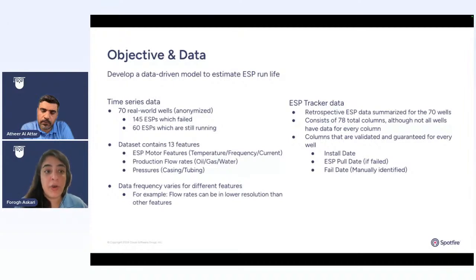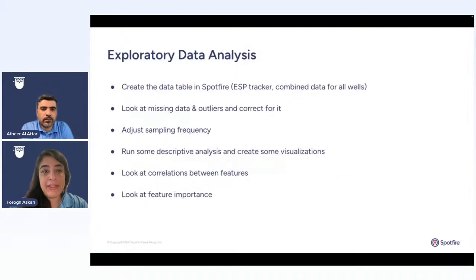So we have access to a lot of good data, and we wanted to walk you through how we go about exploring that data and using it to build this data-driven model to estimate the run life of the ESP. Next slide, please. So what I'm going to do is talk you through the first step, the exploratory data analysis, and pass it over to Atir, who helped us out here today to get started.